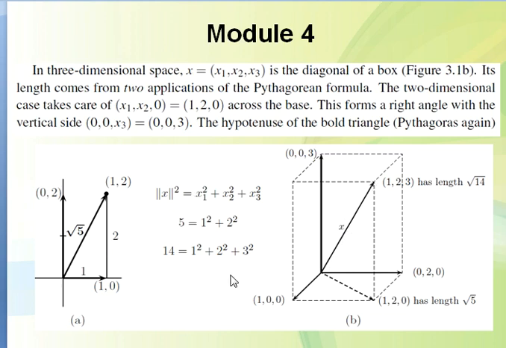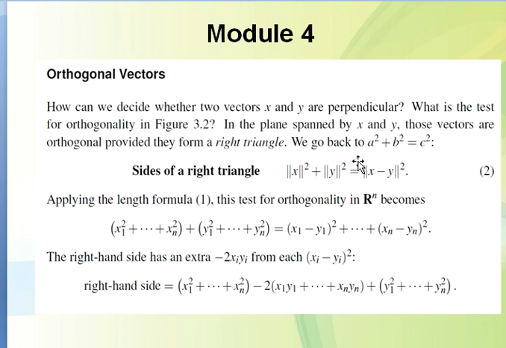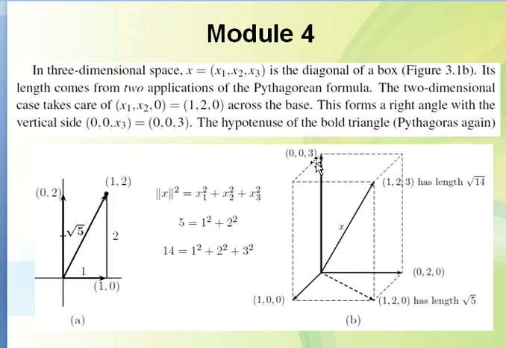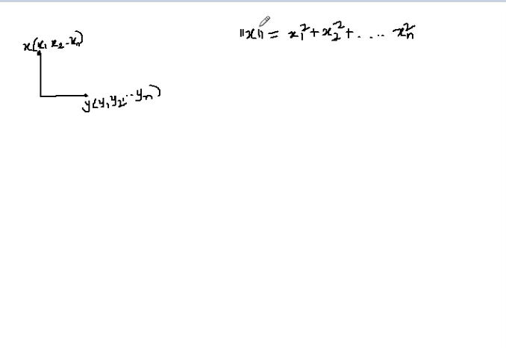And this we apply to n-dimensional space. The magnitude of x is equal to x1 square plus x2 square plus x3 square and so on up to xn square, if our space has n dimensions.